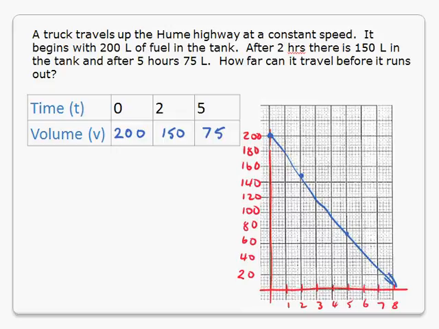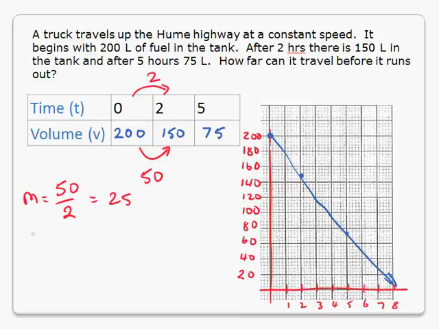So what I want to do is find a rule that explains exactly where that is heading. So if I go back to the table, take any two pair, I'm going to look at this first pair. This is moving by 2. This is moving by 50. So my rise over my run is 50 over 2, which is 25.